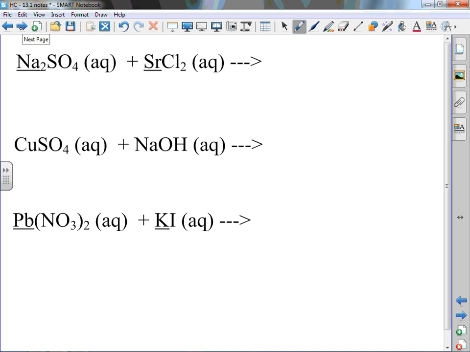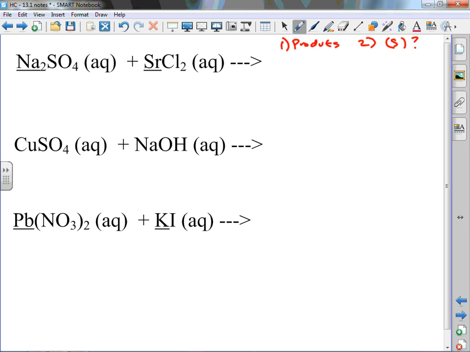So, if we look at these three, what I want you to do is two parts. Number one, find the products, and then number two, identify, is there a solid? There is one solid in each reaction.